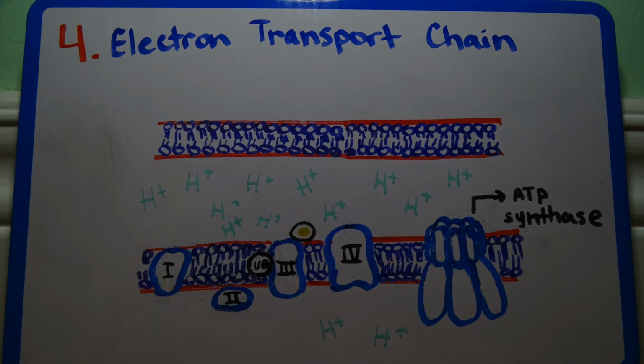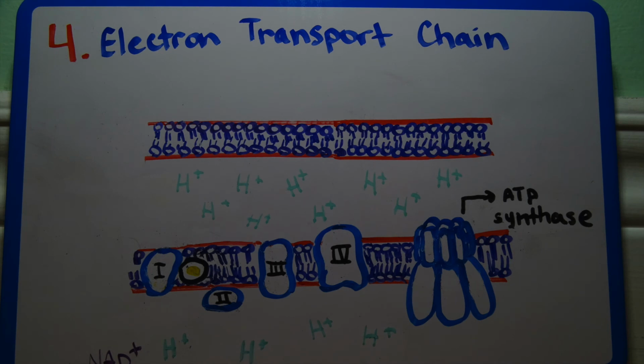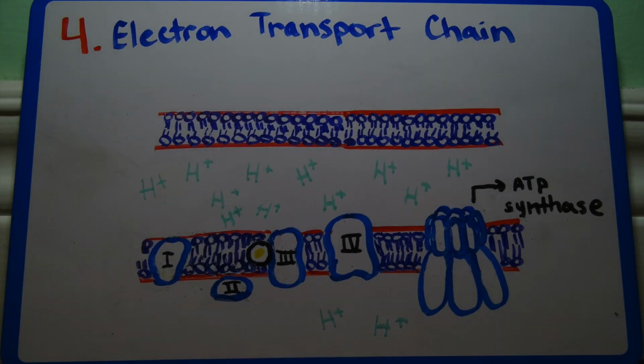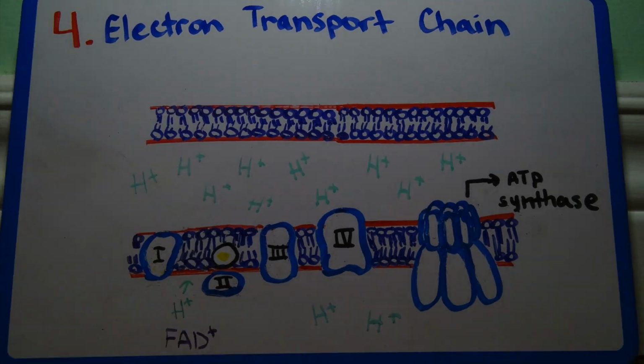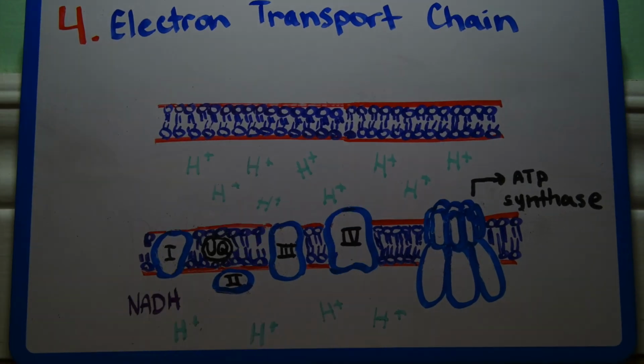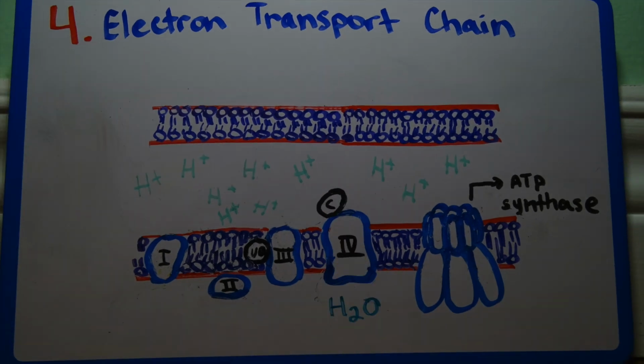Now complex 4 is oxidized, but because it's more electronegative than complex 3, it will attract the electrons from the third complex. The third complex then takes the electrons from the first complex, and the first complex takes the electrons from NADH. In the end, for every O2 gas molecule we breathe in, 4 electrons are pulled through the electron transport chain, and 2 water molecules will be produced.